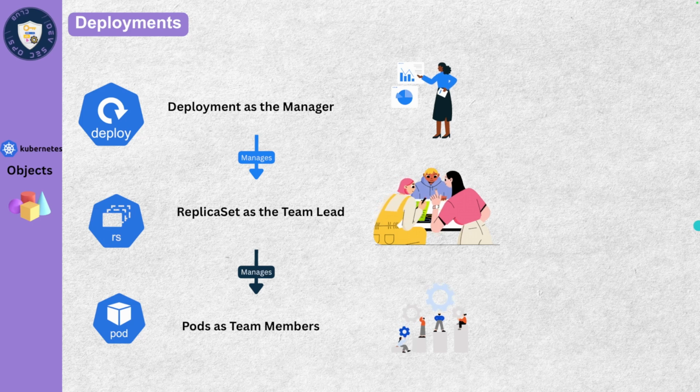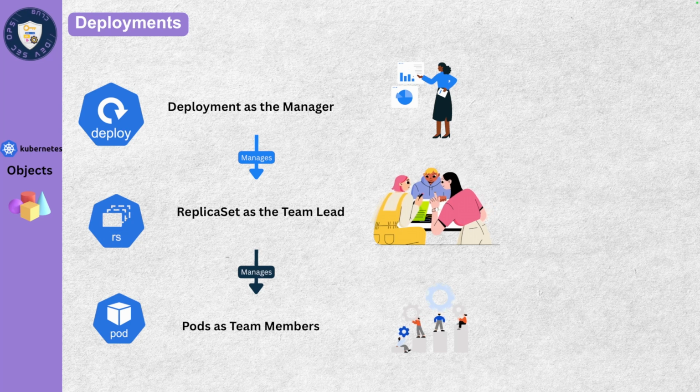So pod is a team member. Pods are the hardworking team members. They're actually carrying out the workload. The workload here means running your application or service, and they report to the replica set, right? And here the replica set is the team lead, which ensures they are up and running as expected.